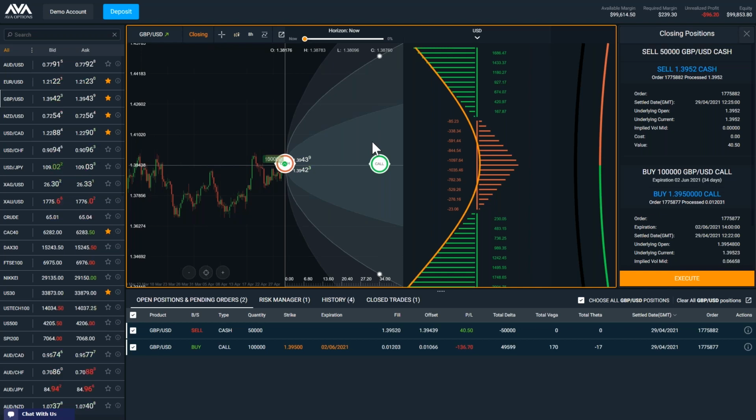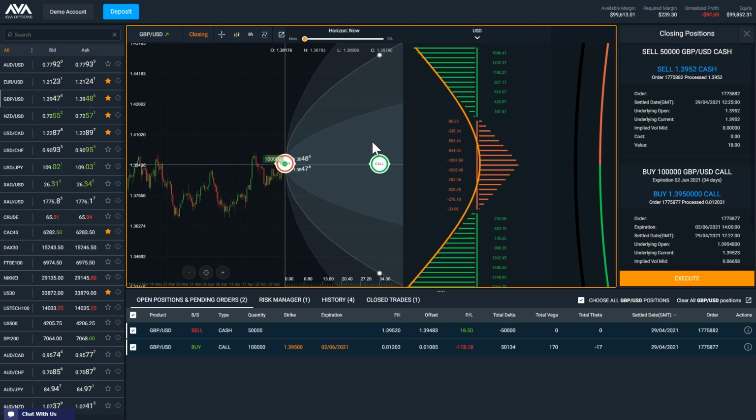Delta is an important concept to understand. Again, it tells you what the sensitivity of your option price, or of your portfolio, is to a change in the underlying asset's price, but it's also telling you what the market thinks the probability is that the market is going to finish above your strike or below your strike.